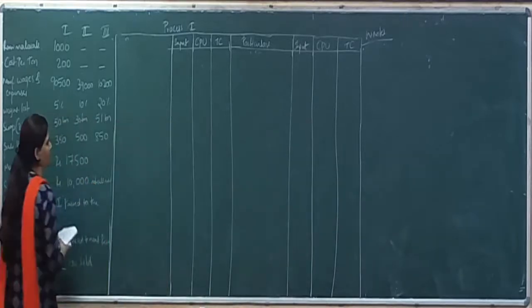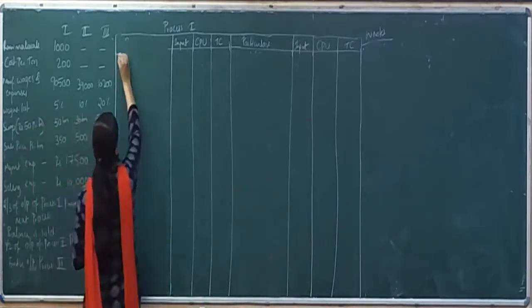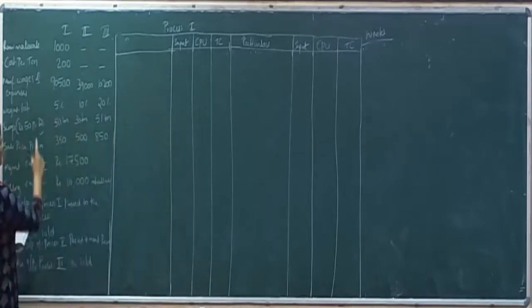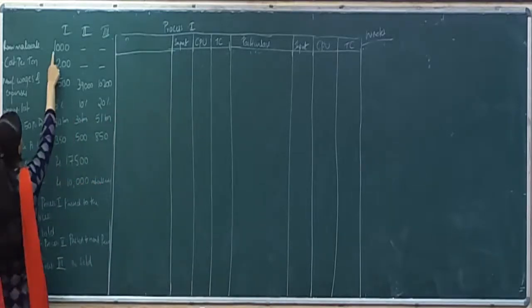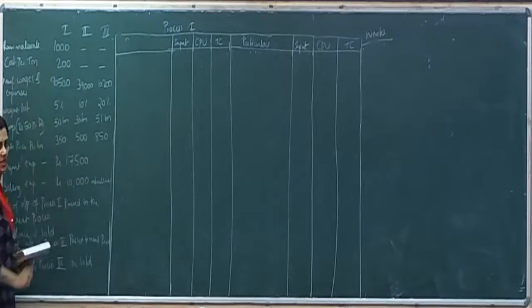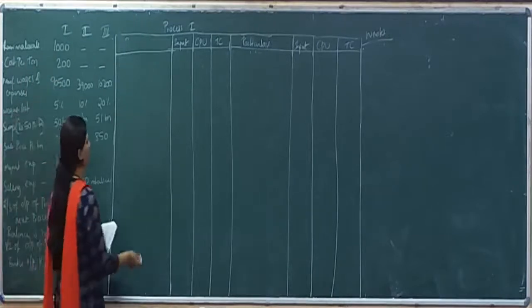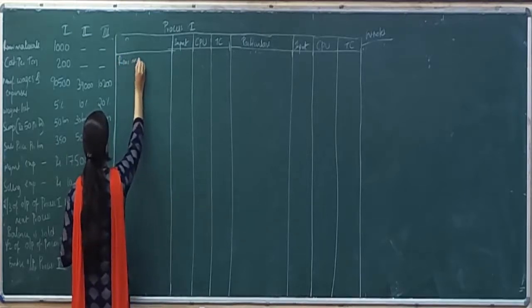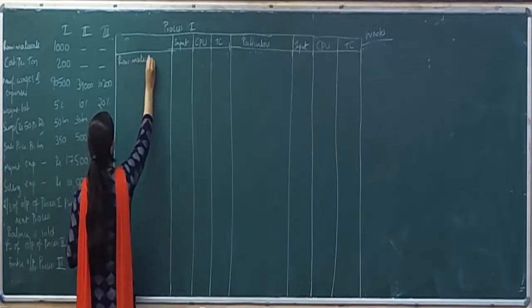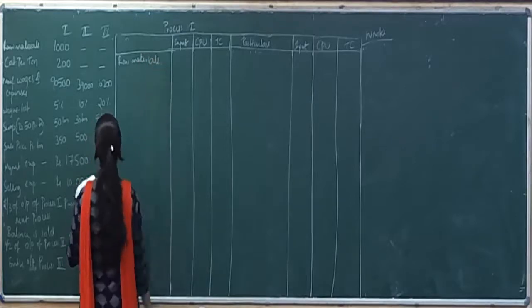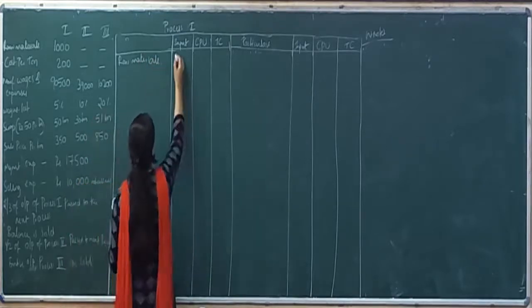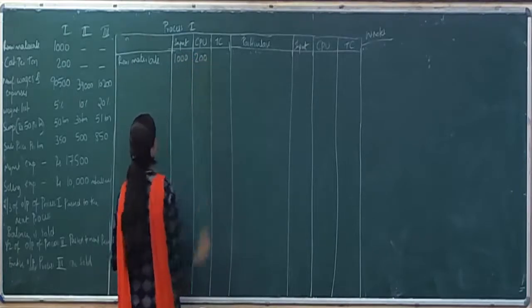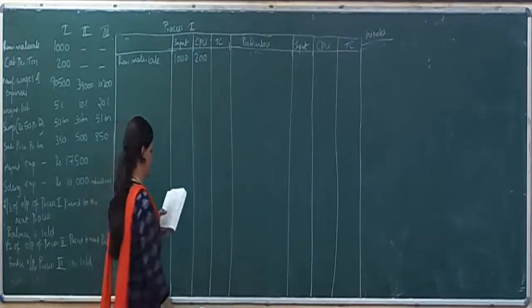So let us go on recording in process 1. Here they have given raw materials 200, so that has to be recorded in process 1. Here 1000, cost per ton is 200.